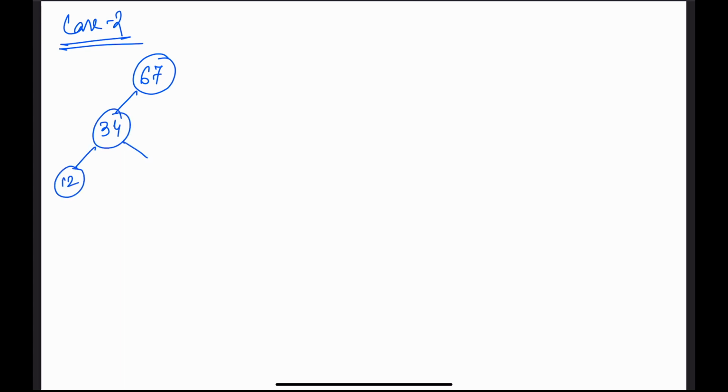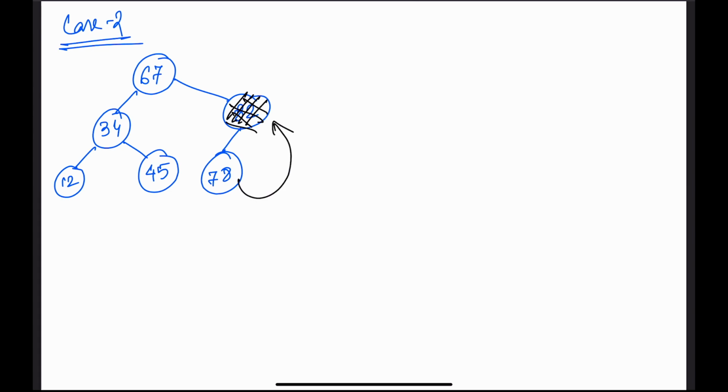Okay, now let's talk about the exactly one child. Case 1, sorry, case 2. Okay, case 2 में क्या होगा? For example 67, 34, 12, 45, 82, 78. Now if you want to delete this one, then what will happen?